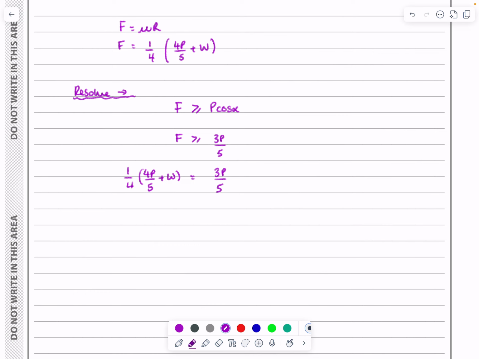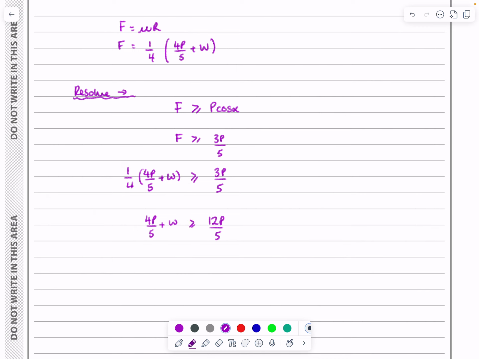So let's get rid of that quarter, multiply everything by 4. So I'm going to have 4P/5 plus W is greater than or equal to 12P/5. I've multiplied out by the 4 there. And let's put the signs back in.